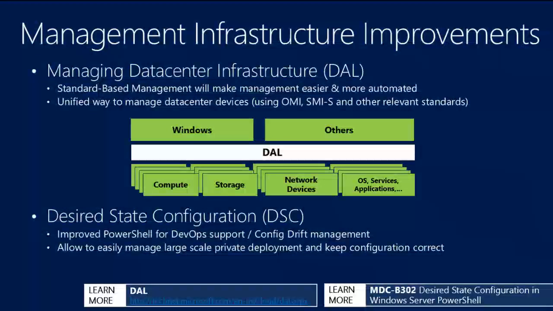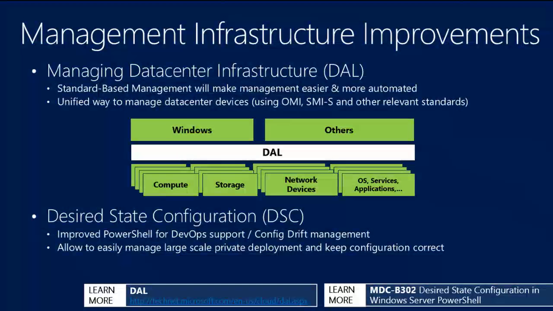Another key feature that was introduced in 2012 R2 is called desired state configuration. It's really for the DevOps scenario. It's for allowing you or your tenants to do it on those VMs. It's actually usable in both cases.